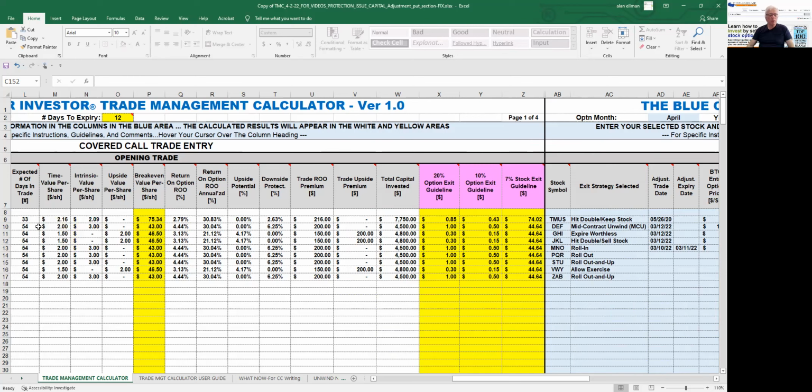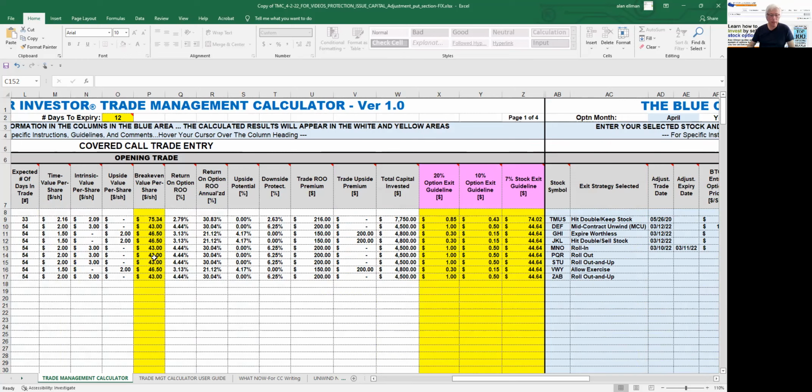The spreadsheet will tell us the number of days in the trade from when the initial trade entry was made until contract expiration. So if we stay in that particular trade through expiration, that will give us the number of days in that particular trade. It will give us a dollar per share time value profit, and if it's an in-the-money strike, the intrinsic value, and if it's an out-of-the-money strike, the upside potential, the amount that we can generate if the price moves up to the out-of-the-money strike.